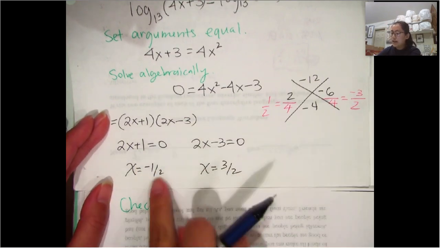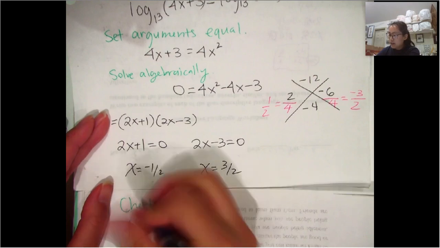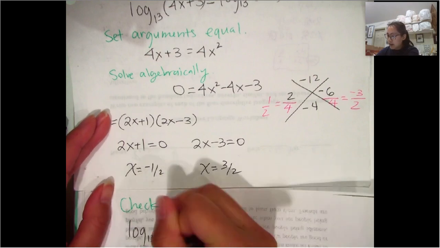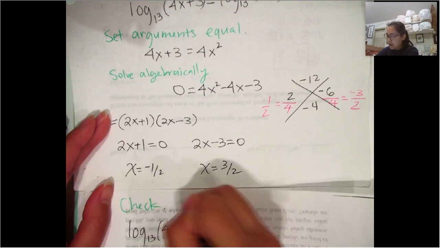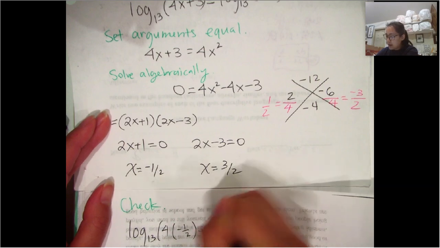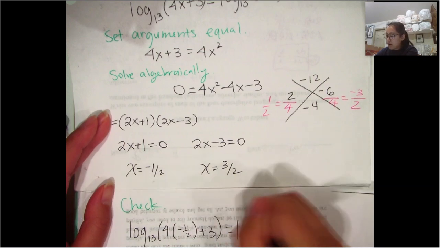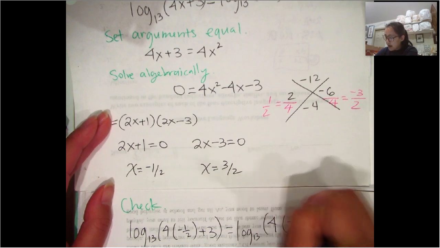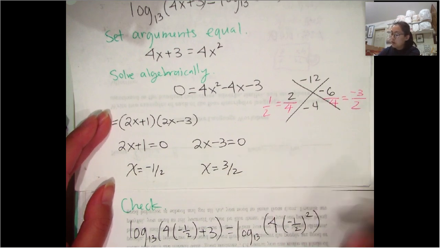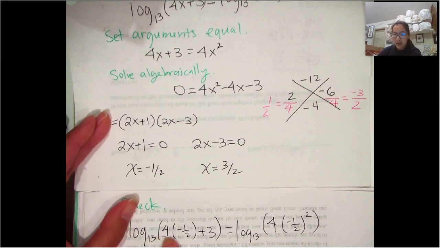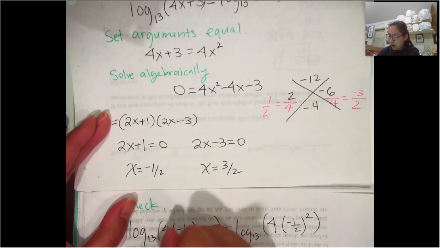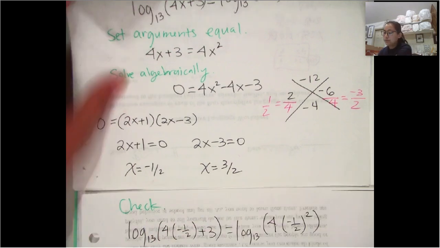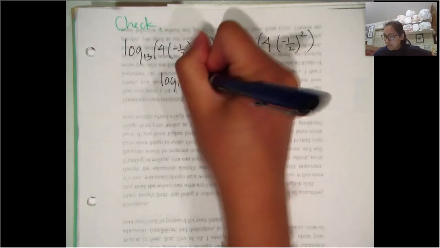So we plug in negative 1/2. You have log base 13 of 4 times negative 1/2 plus 3, and we're asking, does that equal log base 13 of 4 times negative 1/2 squared? We do 4 times negative 1/2, that's negative 2, plus 3, that's 1. So you have log base 13 of 1.